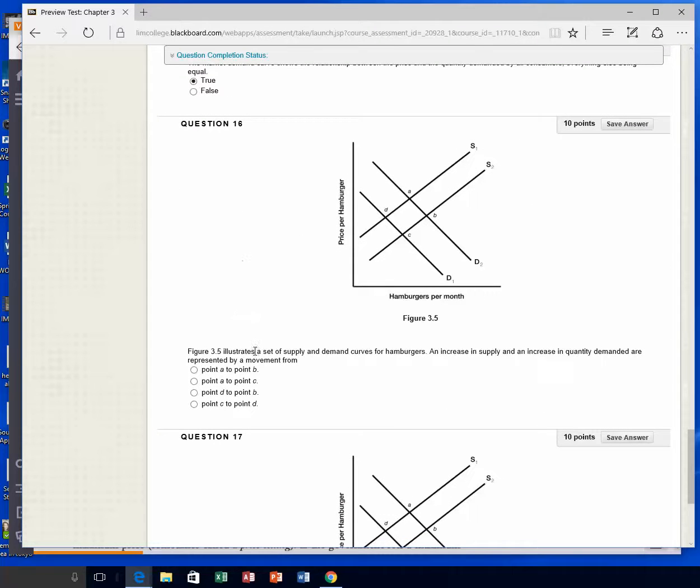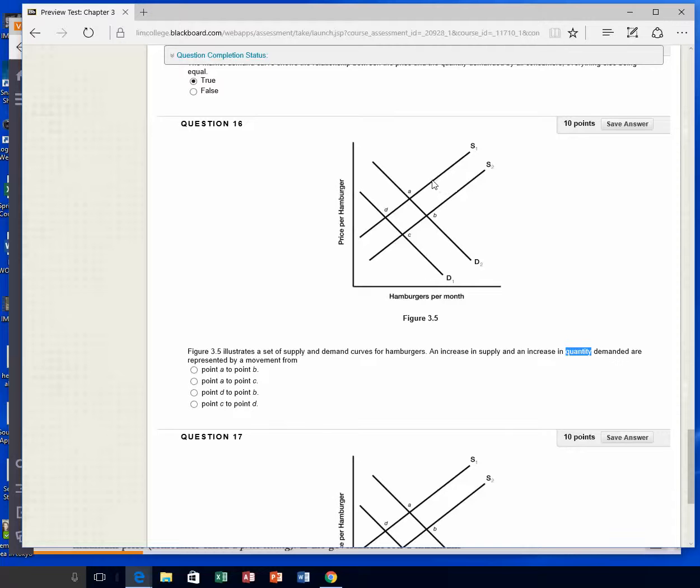All right, question 16. Ooh, this looks tricky. I don't think it really is, though. Figure 3.5 illustrates the set of supply and demand curves for hamburgers. Aha. An increase in supply. So again, an increase in supply is the whole supply curve shifting, right? And here it's increasing, so it's going to shift to the right. And an increase in the quantity demanded, again, when you see the word quantity in front of demanded, there's a movement along the demand curve.